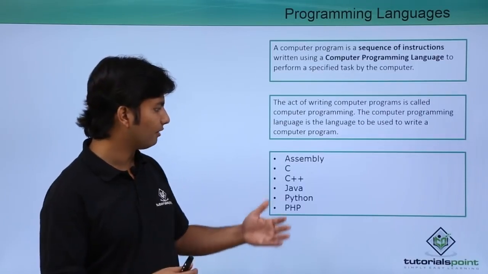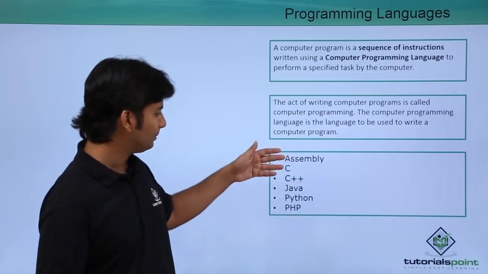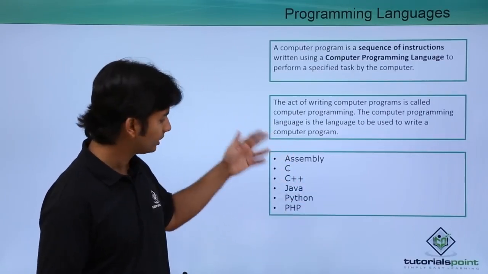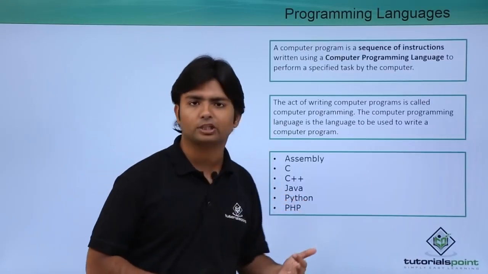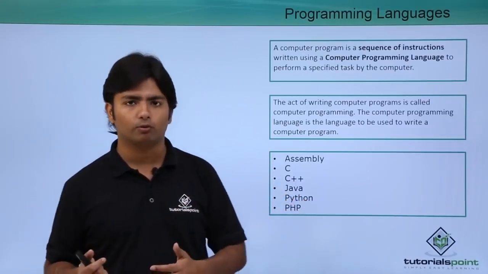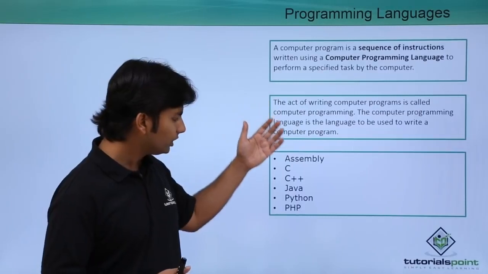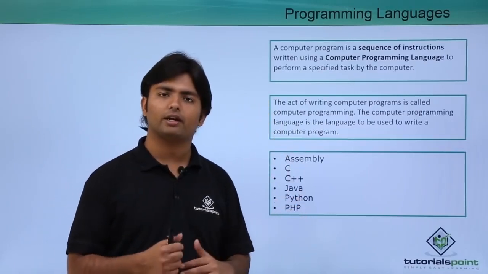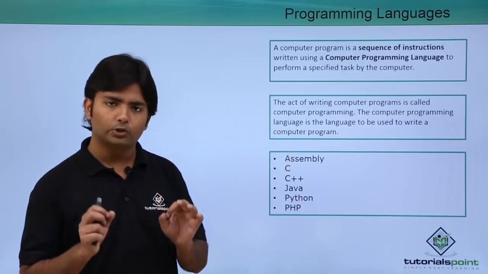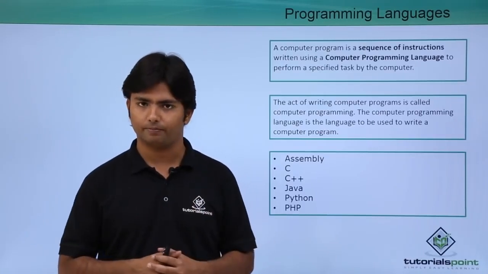Nowadays we have a number of languages like C, C++, assembly language, Java, Python, PHP, C# and many more. Using any of these languages, you can write a program which will communicate with a system.